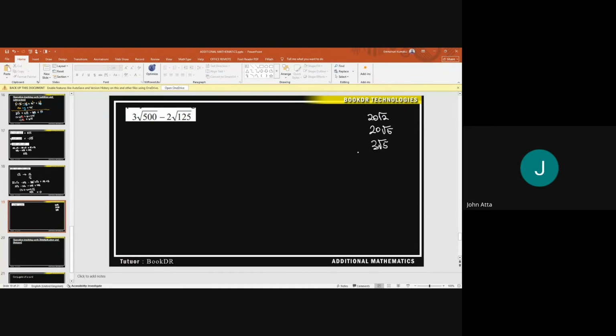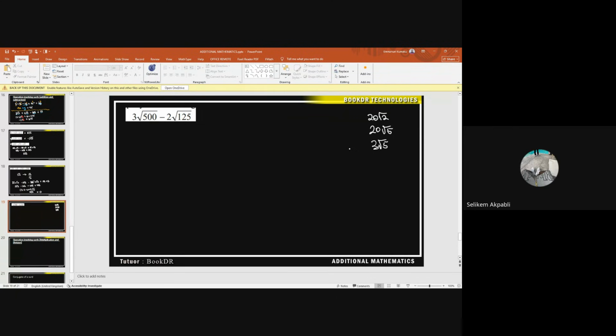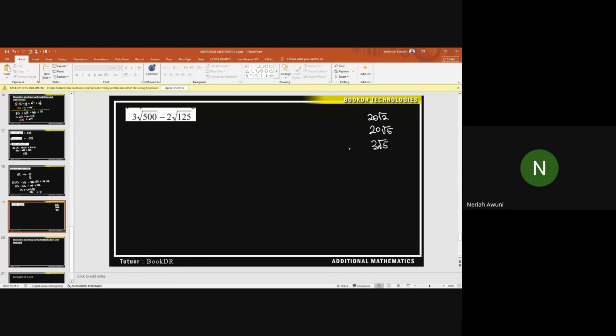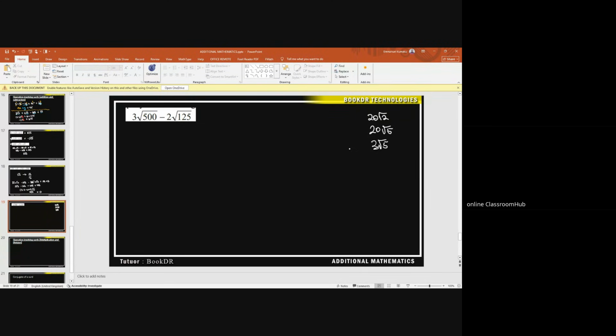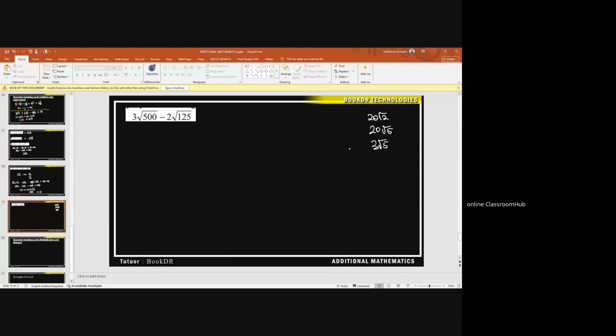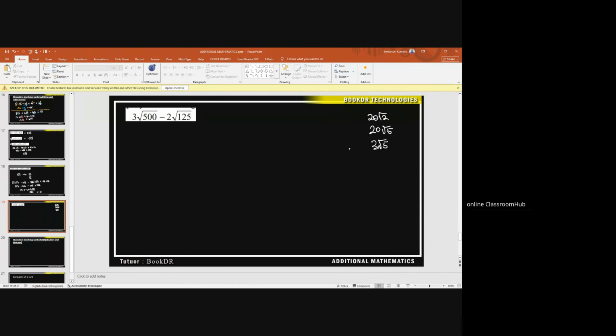If your name is not called, don't speak, please. Samuel Amwa: 20 root 5. Akpabli: 20 root 5. Nana Abena. Then the last person, Roy: 20 root 5. Okay, so that's all. 20 root 5.